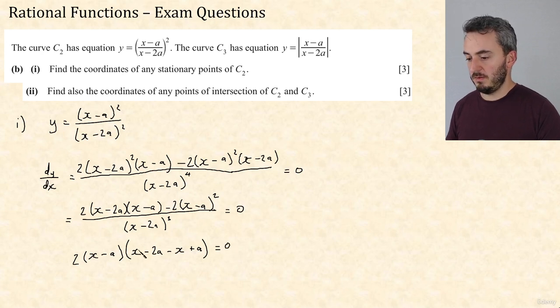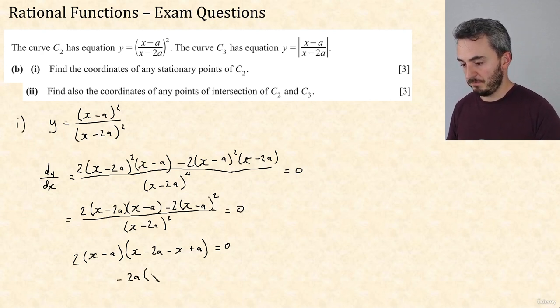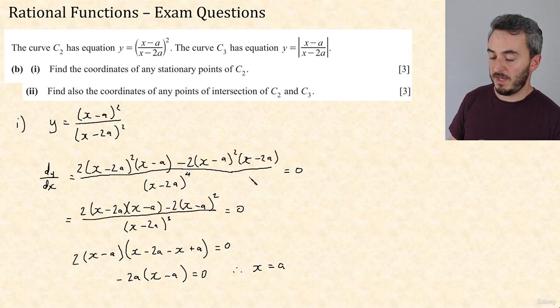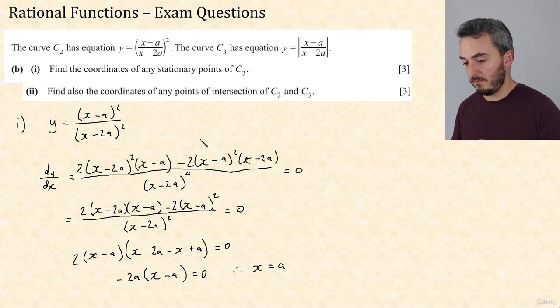Okay, well, x minus x is 0, so we end up with minus a here. So in total, it's minus 2a(x minus a) equals 0, and the answer is x equals a. And when x equals a, we're going to have y equals 0.